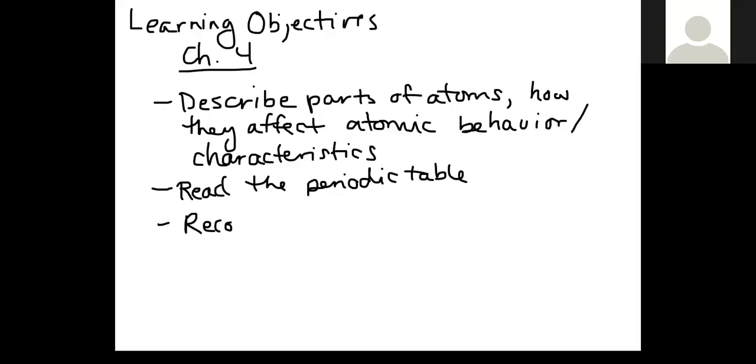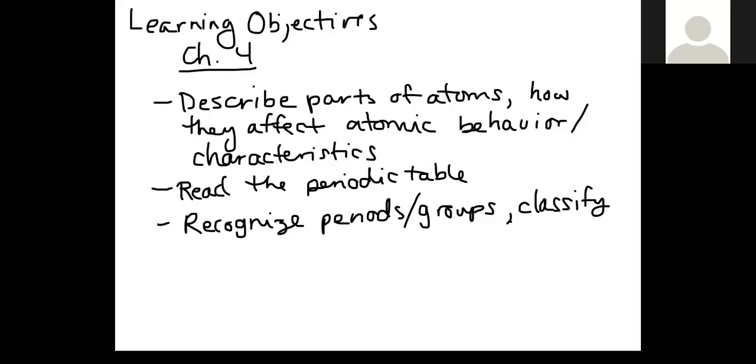We're going to recognize periods and groups, and we're going to start to classify elements by where they are on the periodic table, so their location. And finally, we're going to begin to memorize some elements.